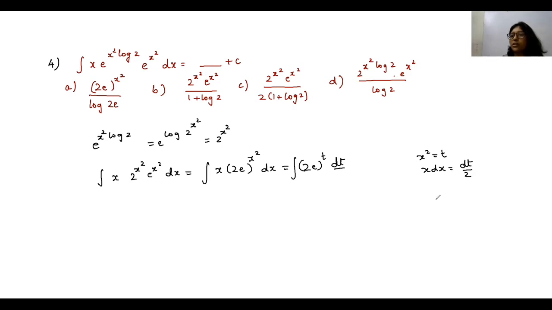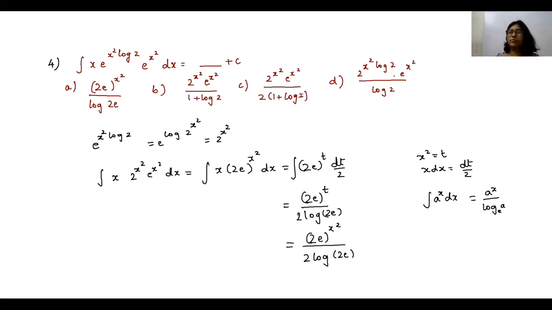That's just like the integration of a raised to x, which is a raised to x upon log a. Over here we have 1 plus log 2, that is we'll write log 2 plus log e, and then it becomes 1 plus log 2.